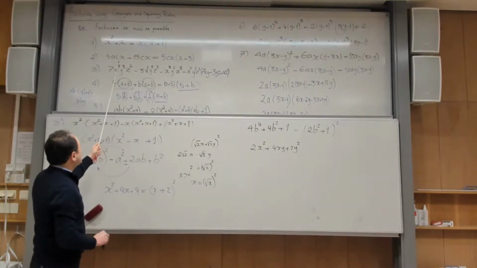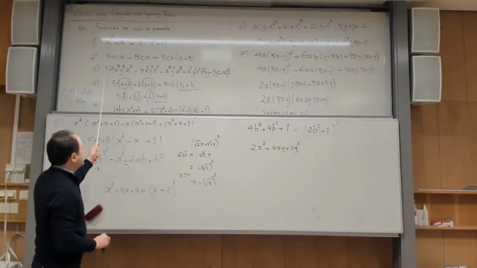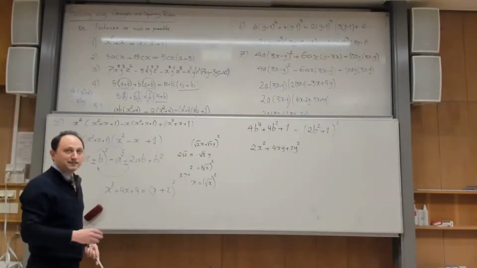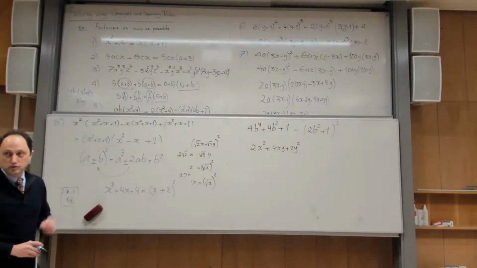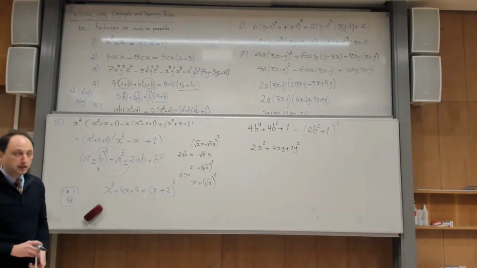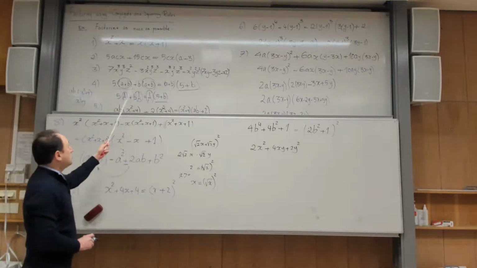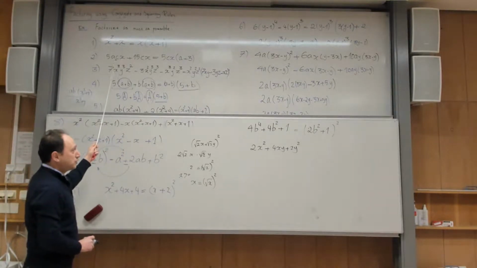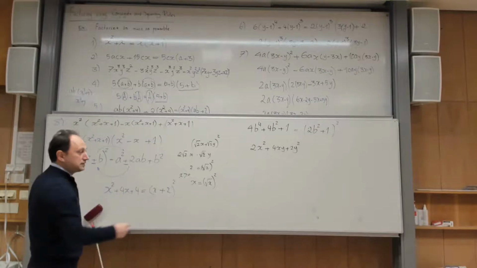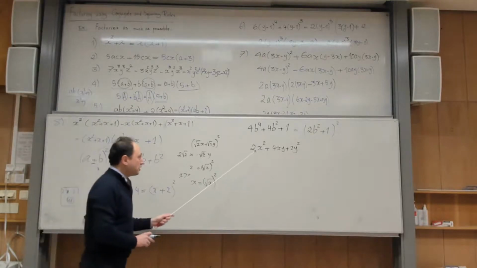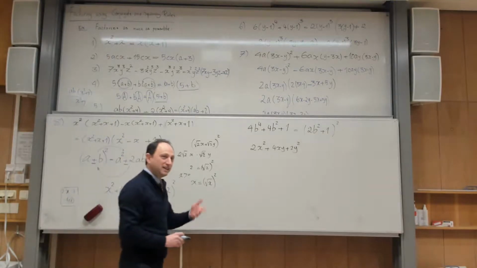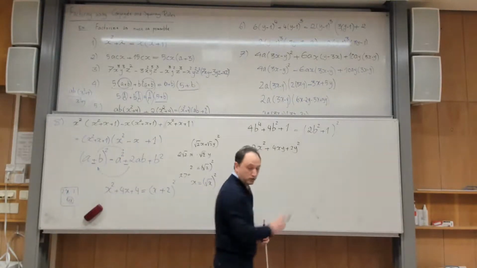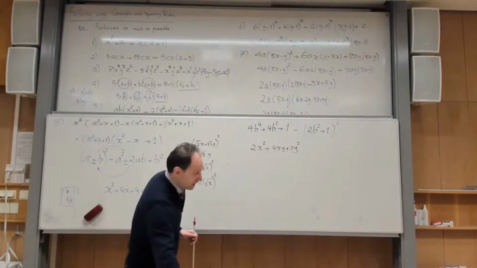If I can pull something out from the whole expression, first of all, do it and then think if another method is applicable or not. So remember this remark: taking out the common factor has priority over other techniques. Is it possible to factor something out? Yeah. So first do it and then think what will happen. Extremely important. Write it somewhere so you don't forget about it.